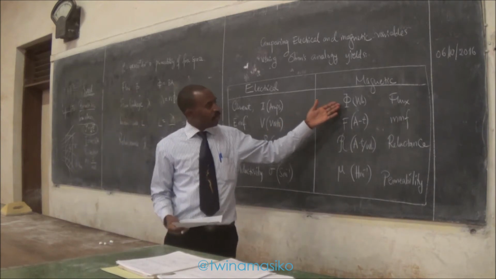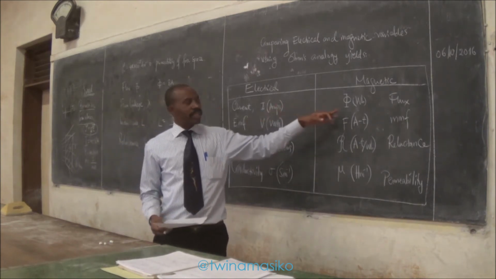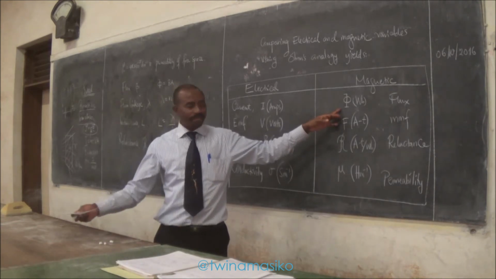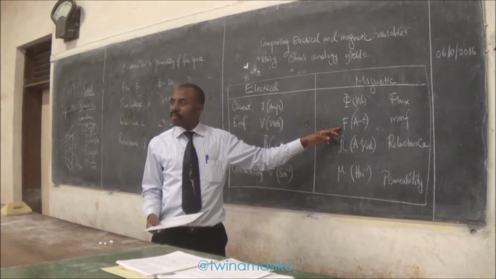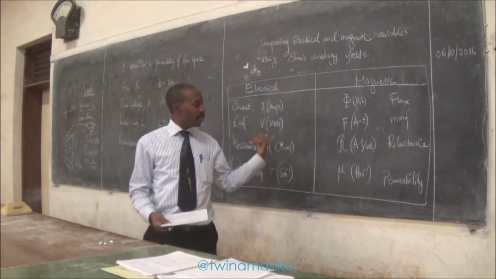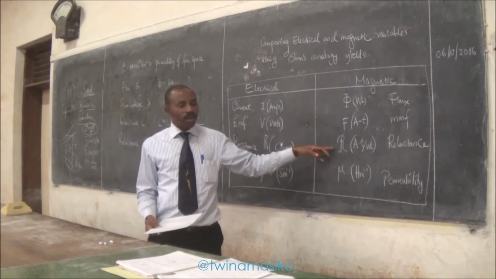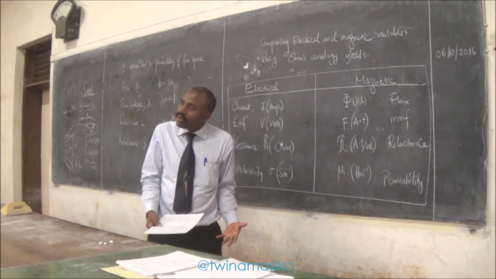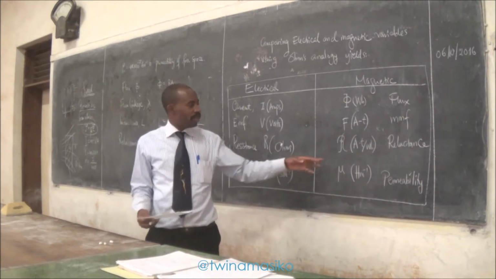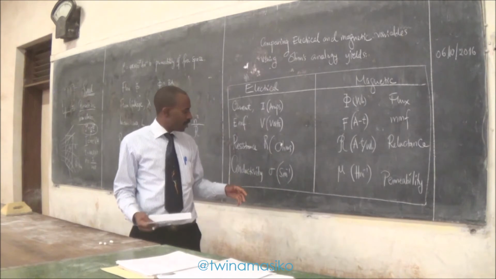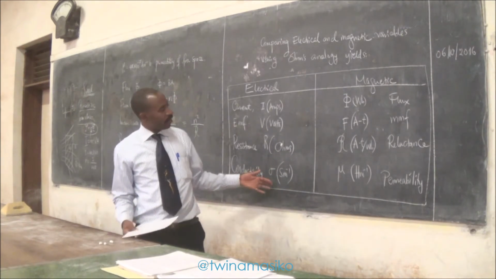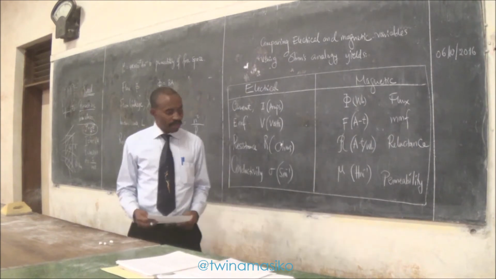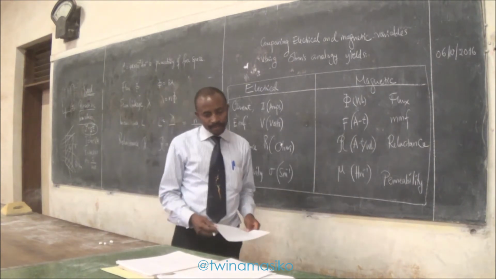The same thing: you talk of the current, comparatively you are talking of the flux. You look at the electromotive force, here we talk of the magnetomotive force. We talk about the resistance this side, and the reluctance of the material to the fields going through. And the conductivity of the material is compared to the permeability of that material.